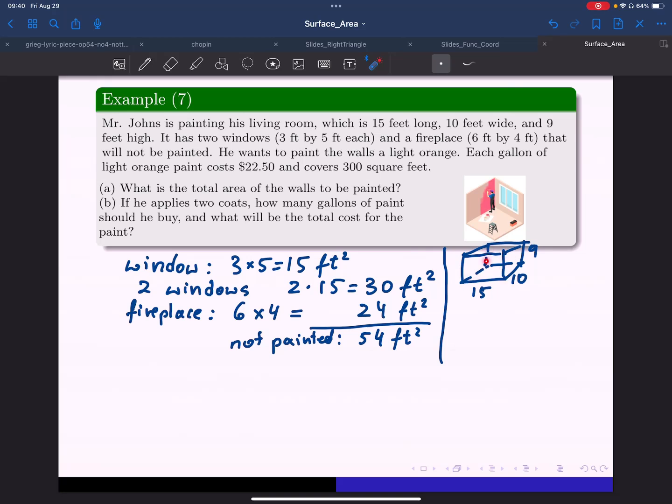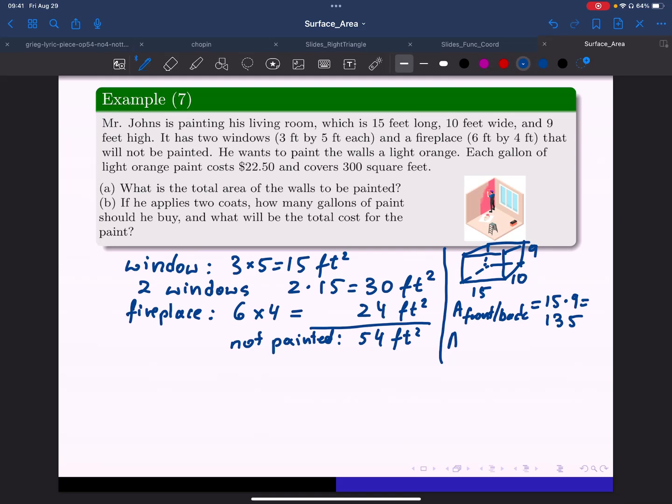The front and back are the same, right? So the area of front and back is 15 times 9, which is 135.